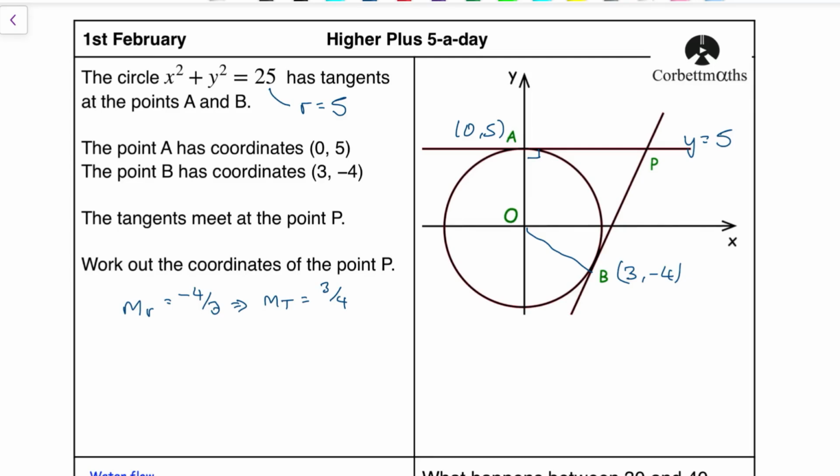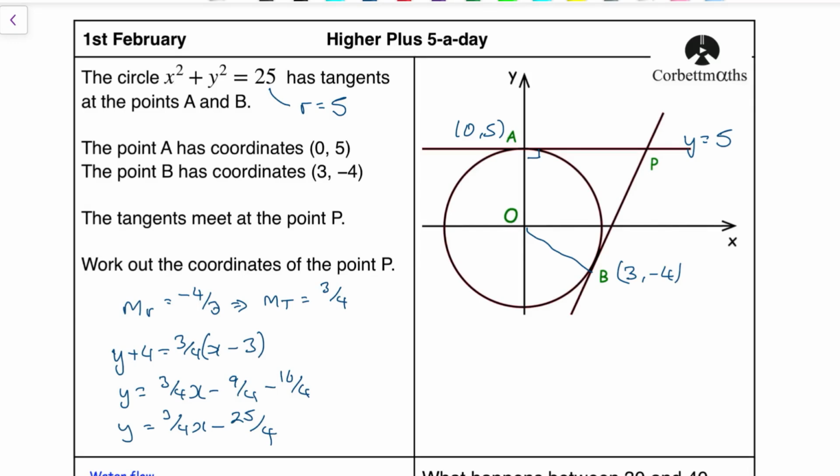That means the equation of my line, well, it gives me the point 3, minus 4, so actually this isn't too bad either. y plus 4 equals 3 quarters (x minus 3), which means that y equals 3 quarters x minus 9 over 4 minus 4, which is 16 over 4, so it's all in quarters. The equation of the tangent at the point B is 3 quarters x minus 25 over 4. Yeah, I think that's right, happy with that.